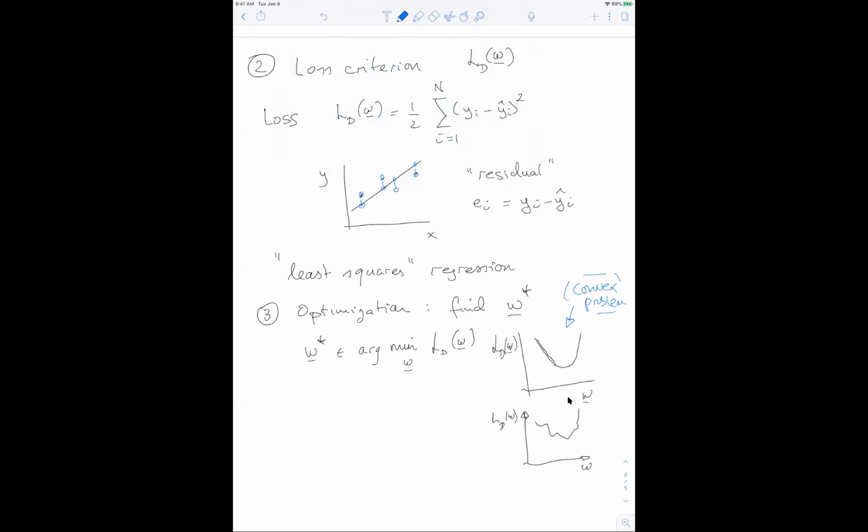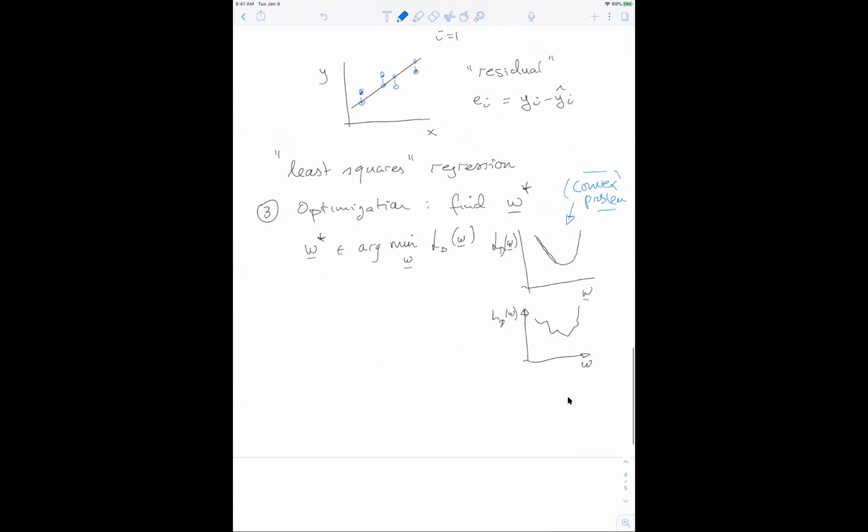And that's useful. If we have a convex problem, then what we can do is find the good W's, the W stars, by looking for the point at which the derivative of the loss with regard to the W is 0. That's the first order optimality condition. So that's one thing we could do.